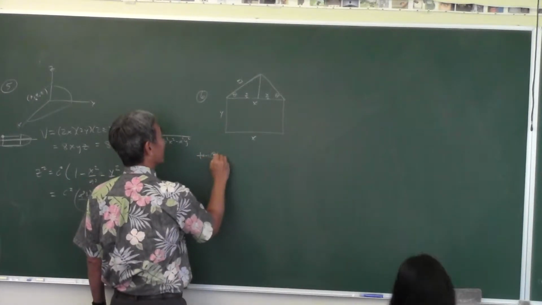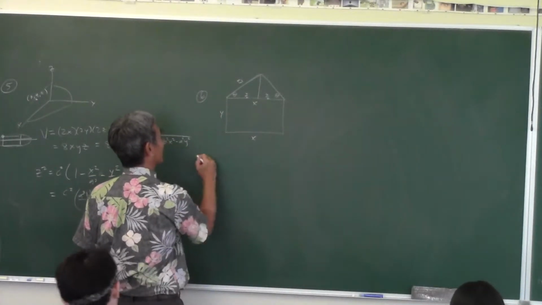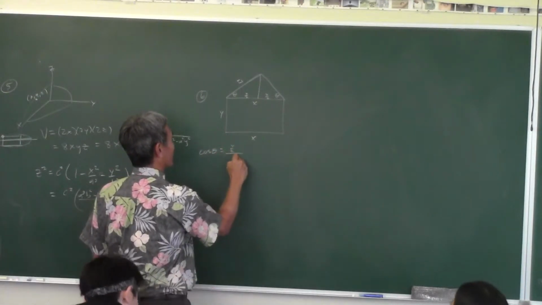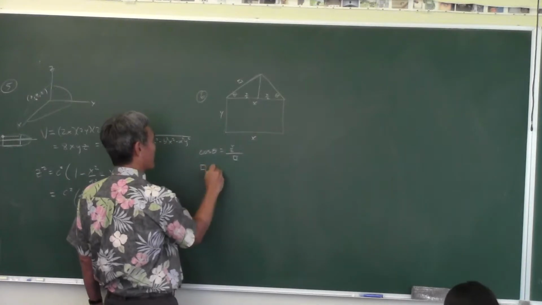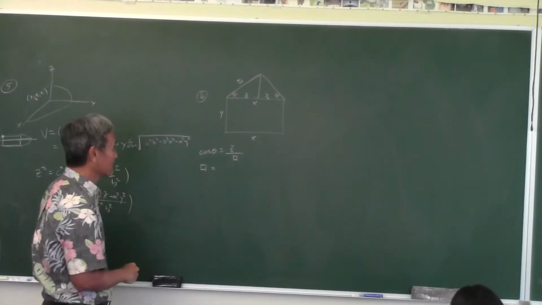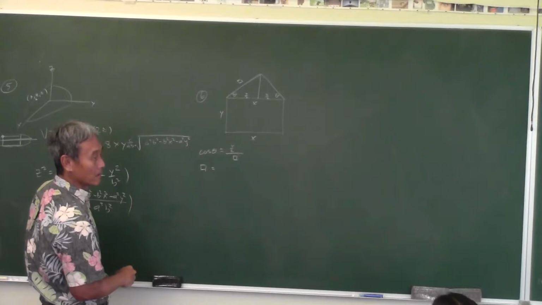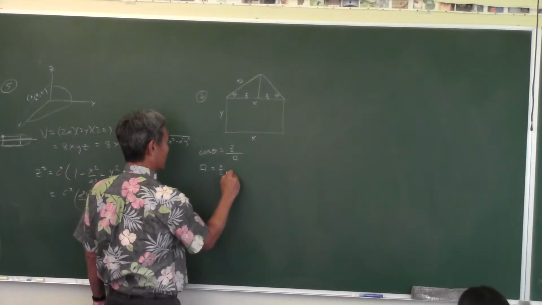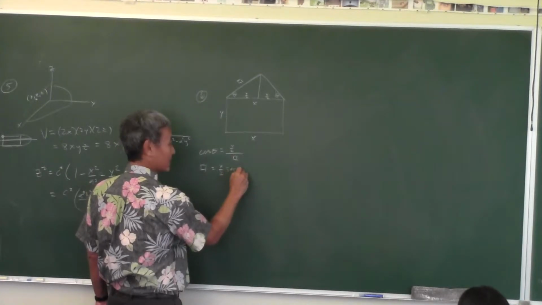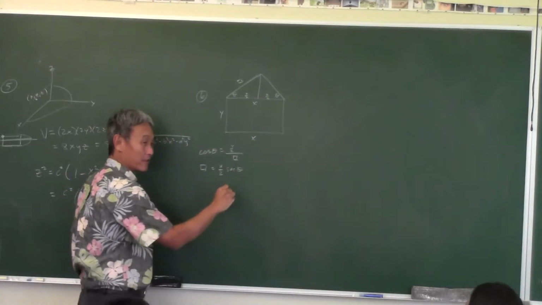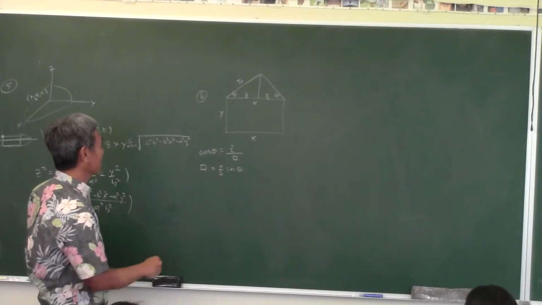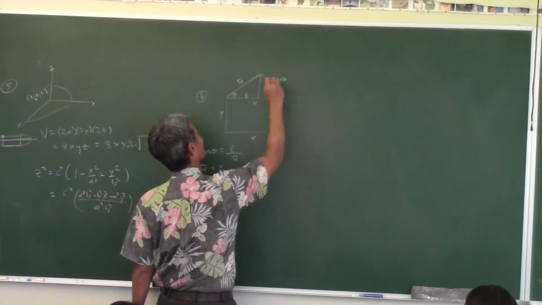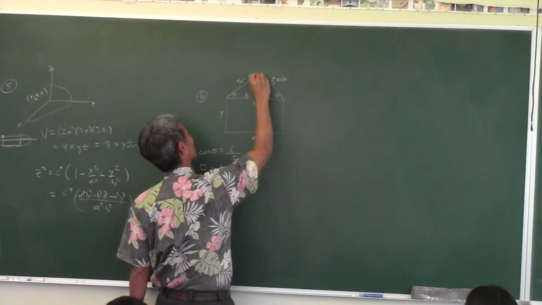Cosine theta is equal to adjacent over hypotenuse. Therefore, what is box equal to? It's x over 2 secant theta, because you have to divide by cosine theta. 1 over cosine is secant. So the box is x over 2 secant theta.